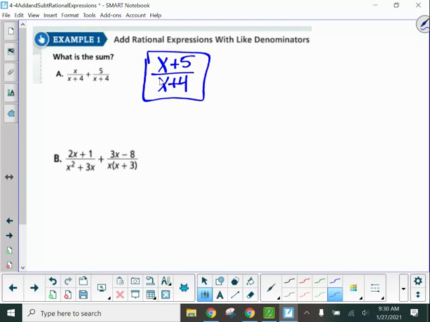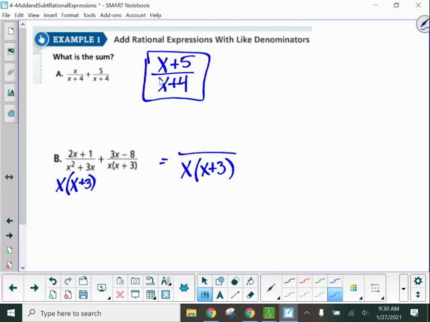Part B, you can see I have two fractions, again, that I'm adding together. It might look like the denominators are different here. However, the denominator of the first fraction has the greatest common factor of x. So we can actually take that out, and when we take that out, you can see that they are, in fact, identical, which means I can add my numerators together.